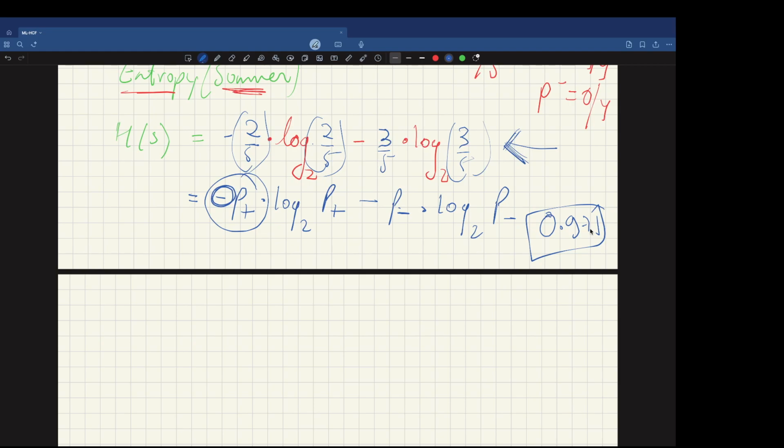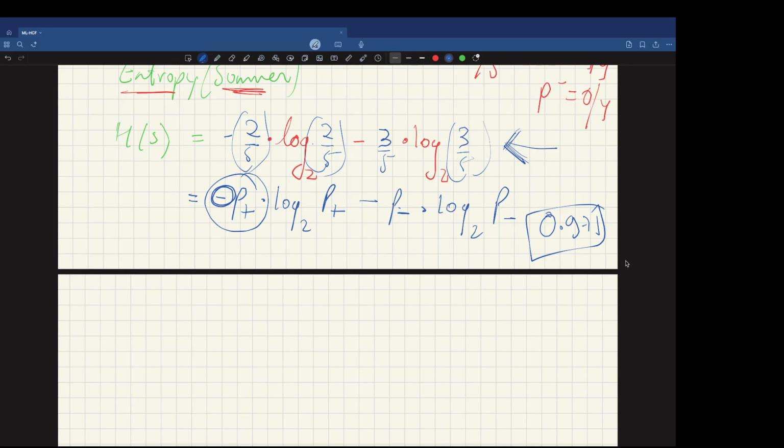Raise your hand if you are calculating the answer. Nice. Too good. Aditya. Only one guy is calculating the answer.